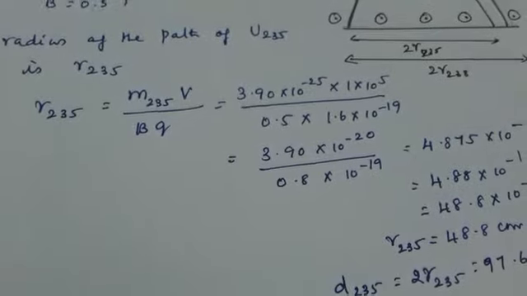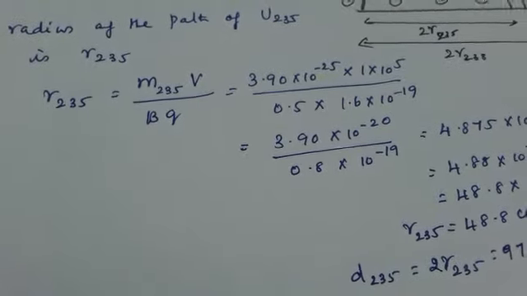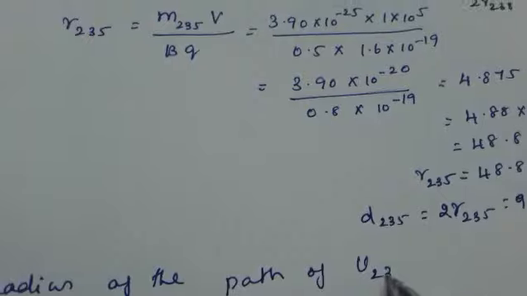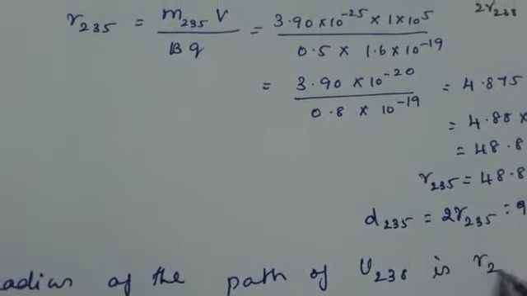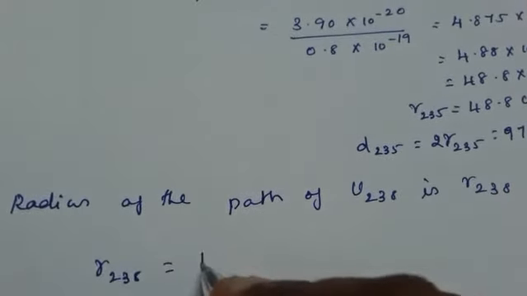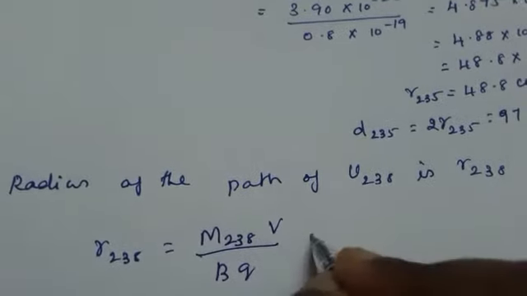So the radius of the path of uranium-238, that is R238, is equal to M238 into V by BQ.